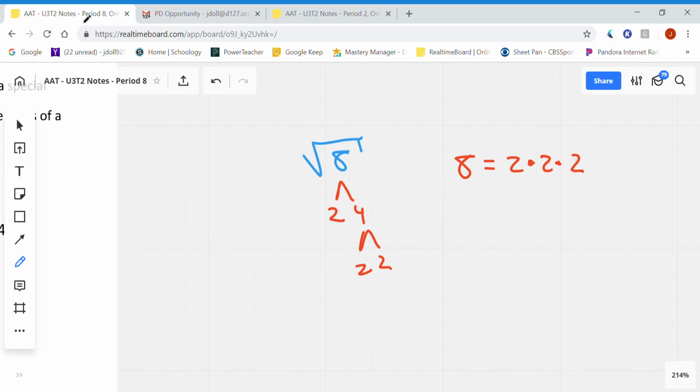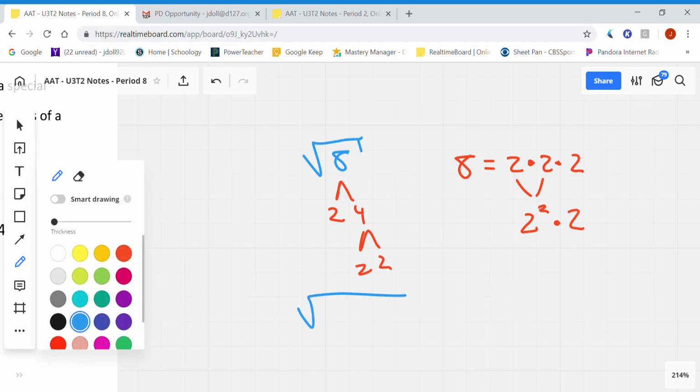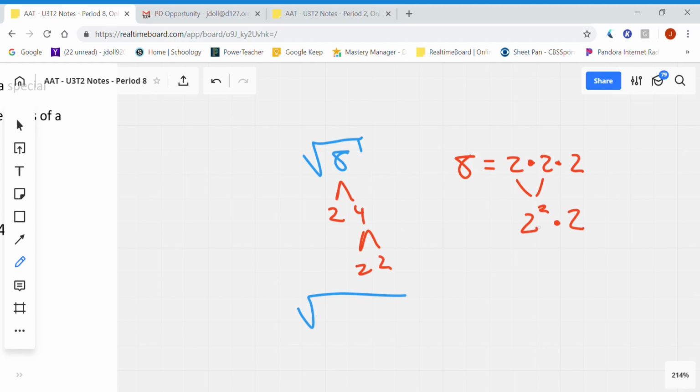Now I want to write this prime factorization so that I have something squared if possible. Well, I can write 2 times 2 times 2 as 2 squared times 2. So underneath my radical here, I can replace 8 with 2 squared times 2.